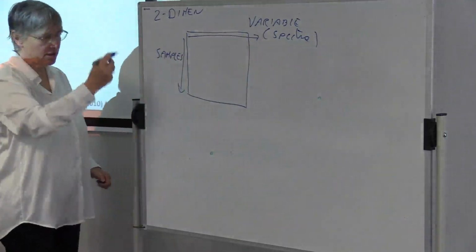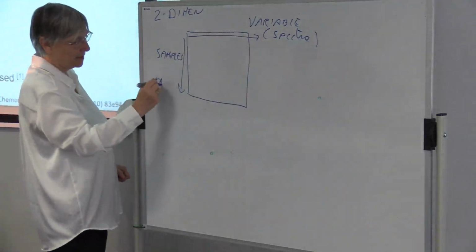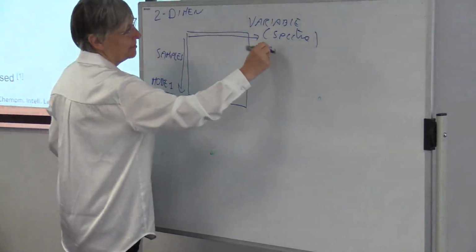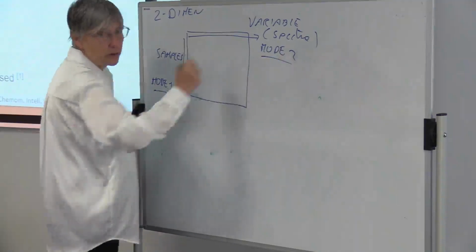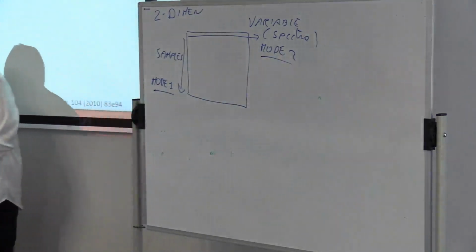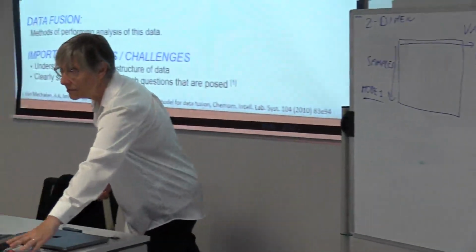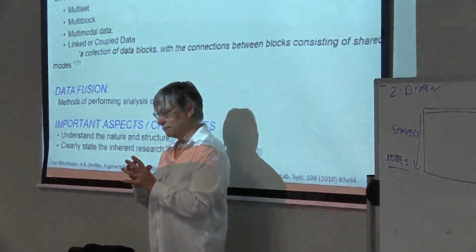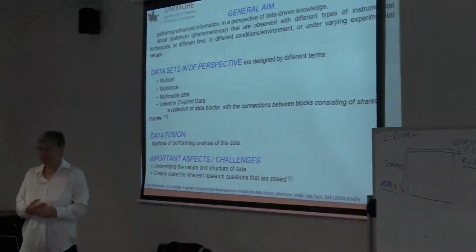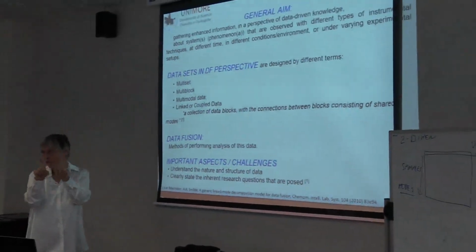In this context, we say that this is one mode, mode 1, and this is mode 2, a second mode. So if I want to merge data, so I want to fuse data, there is one basic condition that should be fulfilled. One mode should be in common.